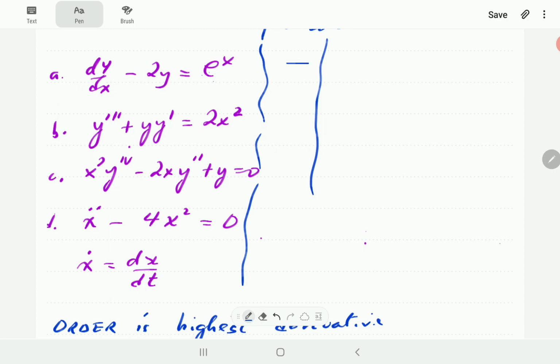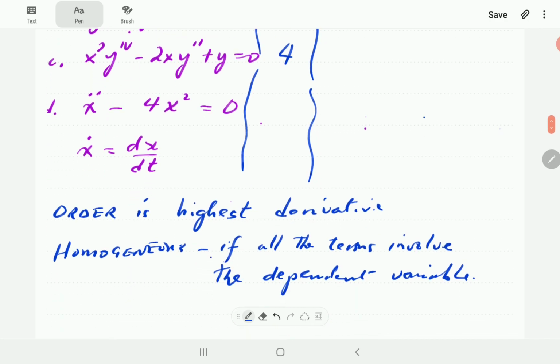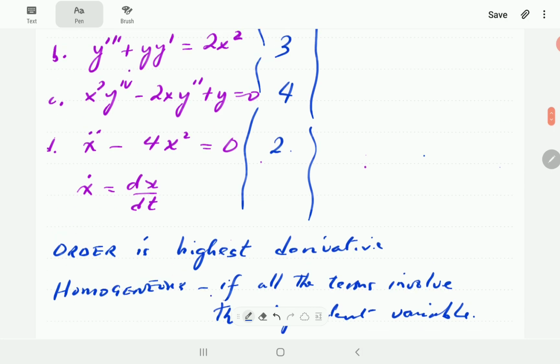So the order of this ODE is 1. For B, we have got y prime and y triple prime. Highest one is 3. And for C, we've got second order derivative and fourth order derivative. So that's an ODE of order 4. Here we have got x double dot, so that's a second order derivative.